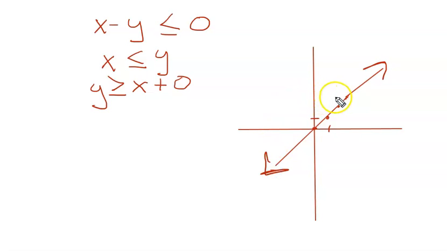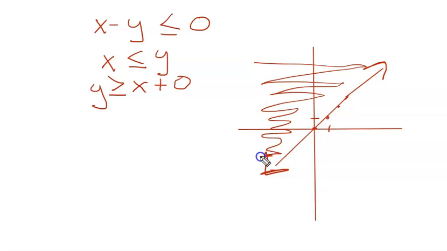Now, we need a test point. But I'm going to also indicate something to you that works. If we have a positive y, and y is greater than something, we're going to shade above.